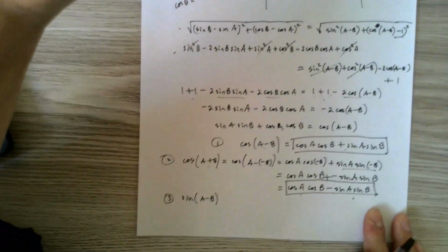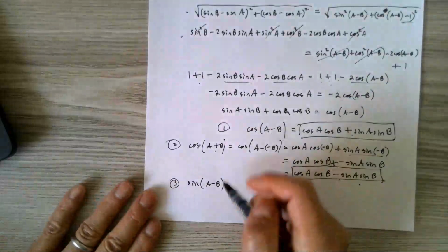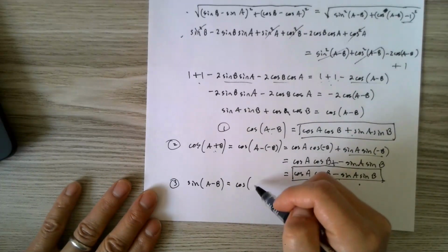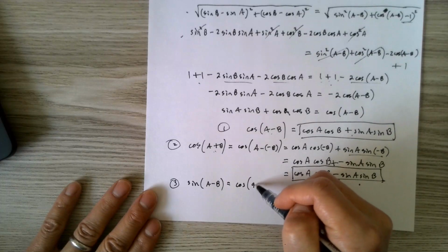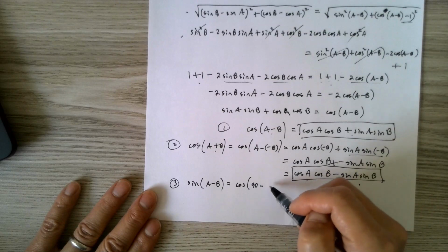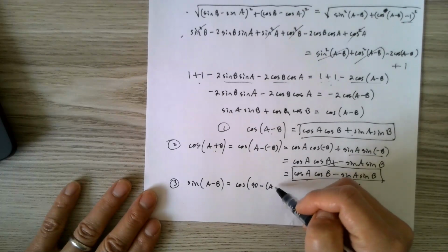So I can express sine of A minus B as cosine of 90 minus A minus B.